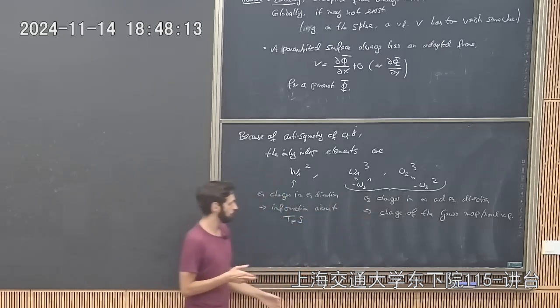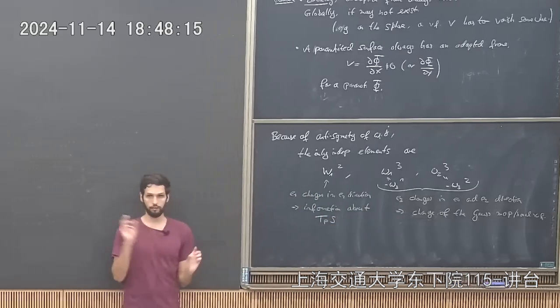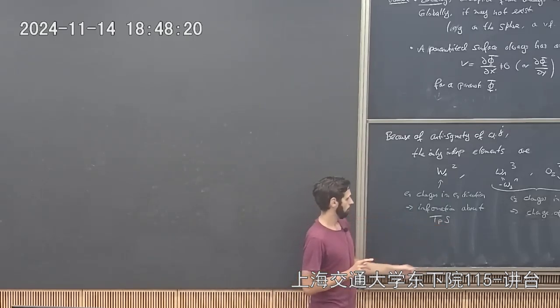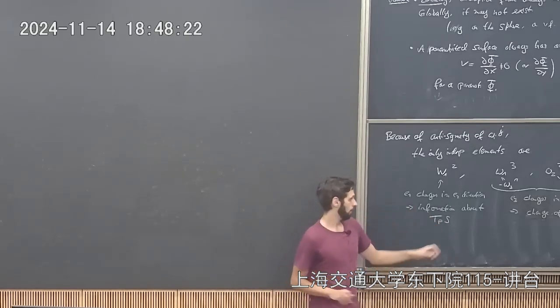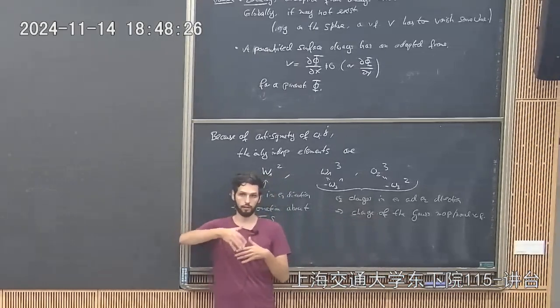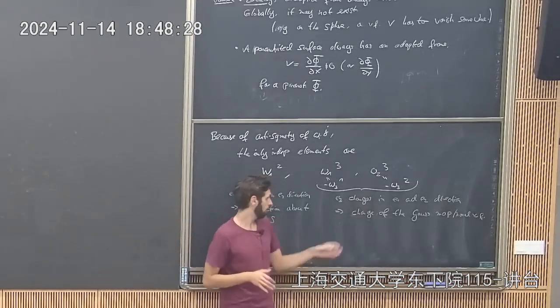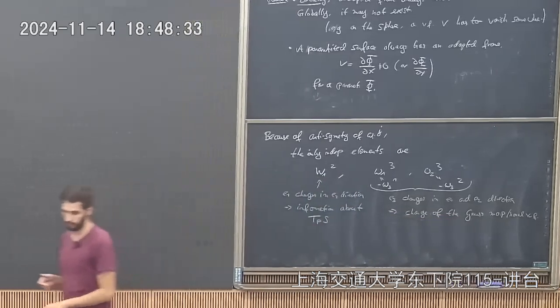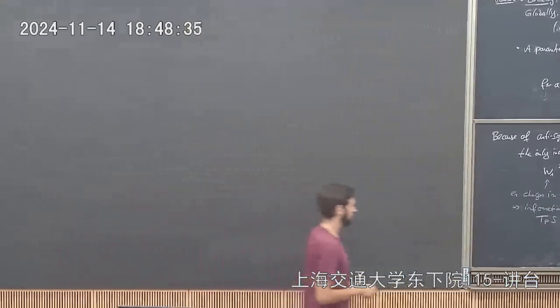And in the following, it will be quite important to have this distinction between things that happen only on the surface, which we call intrinsic, and things that happen outside of the surface, where you need some information of how the surface sits in space in order to talk about the normal direction, for example. So these ones are extrinsic data.